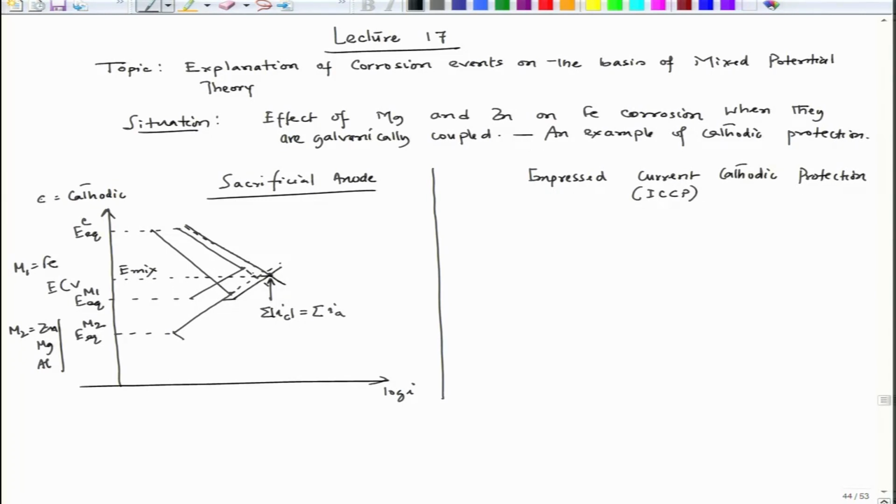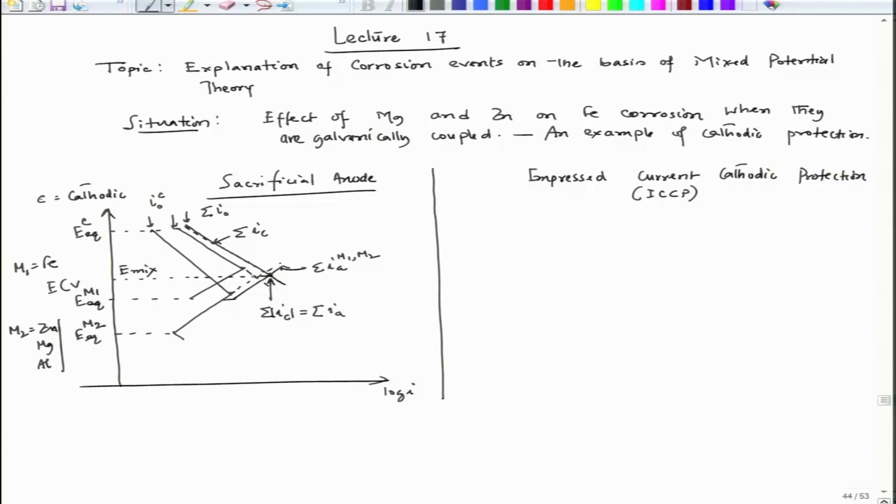Here also you could see that this is basically the summation of IC, and this point is nothing but the respective I0 point of the cathodic reaction, and this is the summation of I0 point. And this line is the summation of IA, where IA is for M1 and M2.